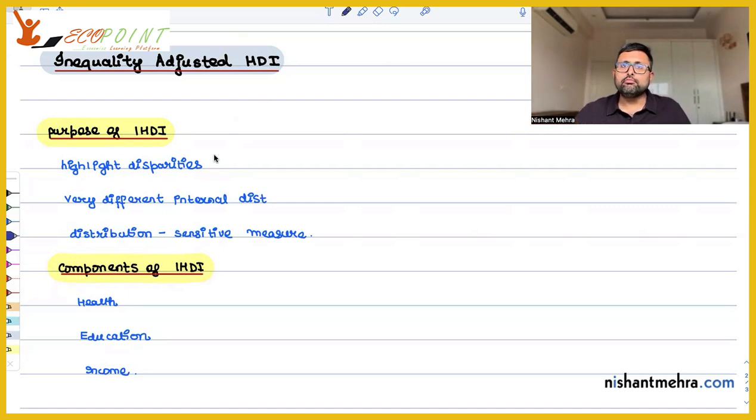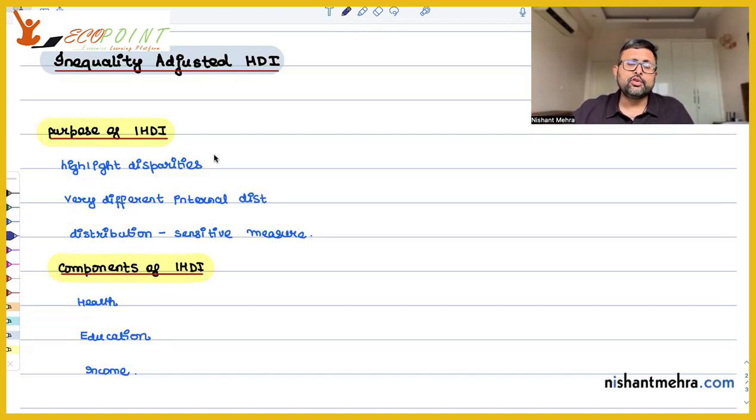Maybe two countries have the same HDI, but they can have very different, very unequal distributions of income, wealth, or consumption.